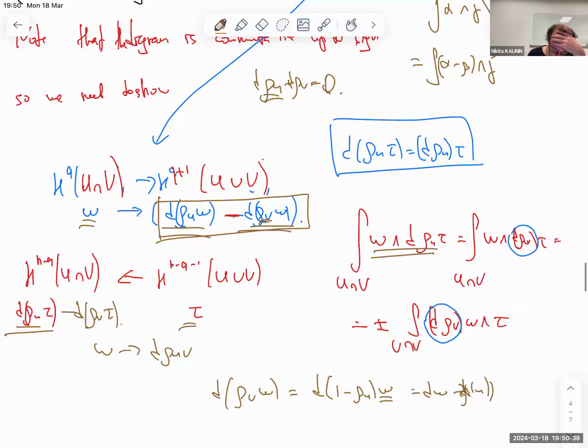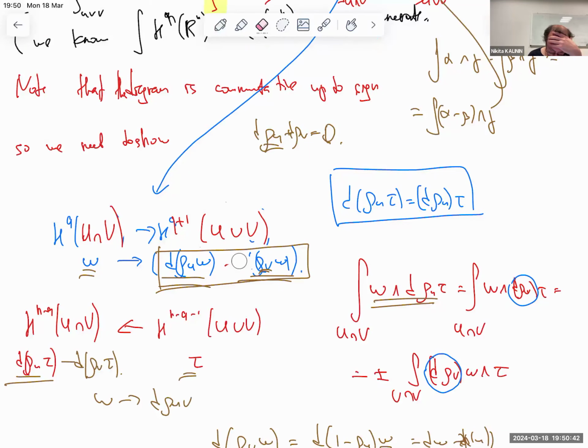So let me write it here like that. So omega goes to d rho u v on u, and minus d rho v omega on v. It's not the difference. It's just these forms, because on the intersection that's just the same form.